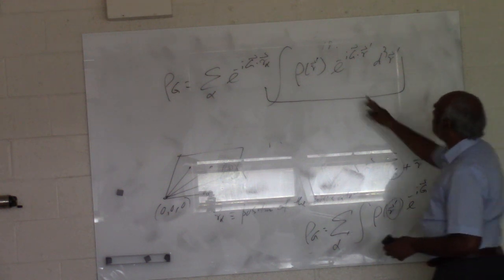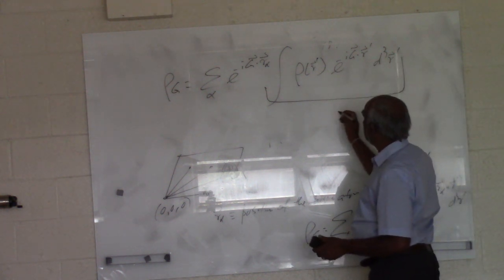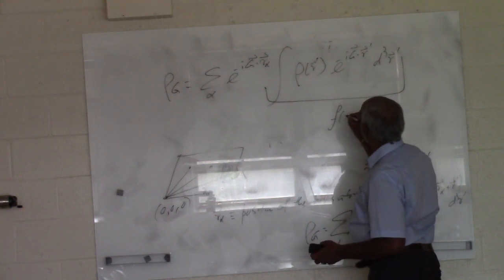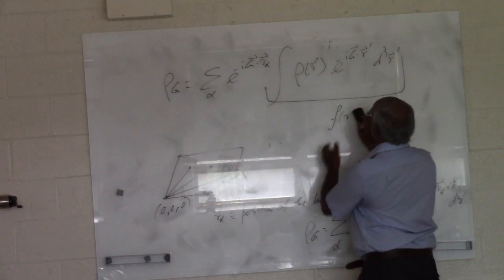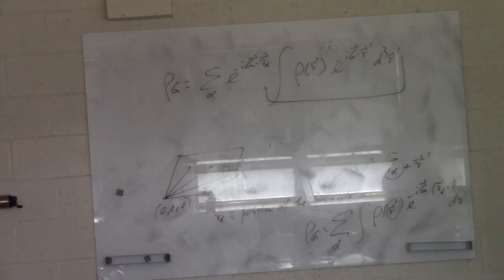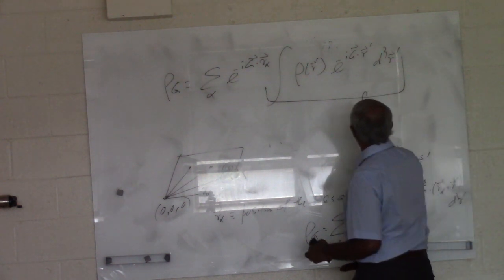So typically we define this factor as F. So let's see, you can understand from here, right? What I wrote here is exactly what you have here. So we write this one just F alpha. So then your answer will be simply F alpha.